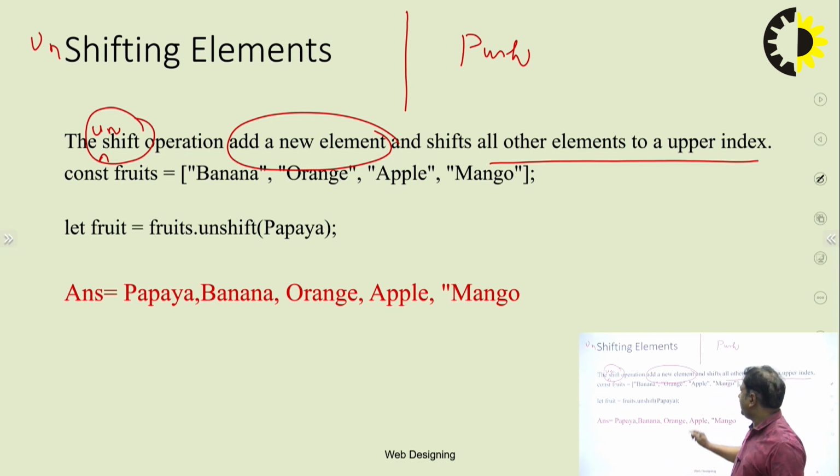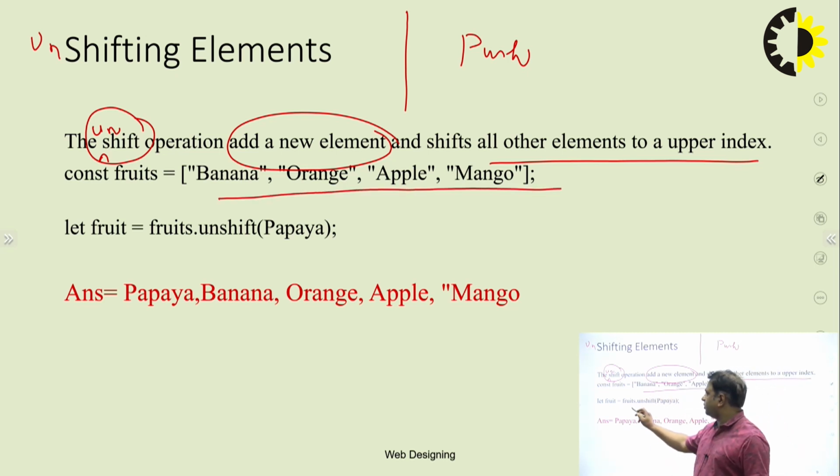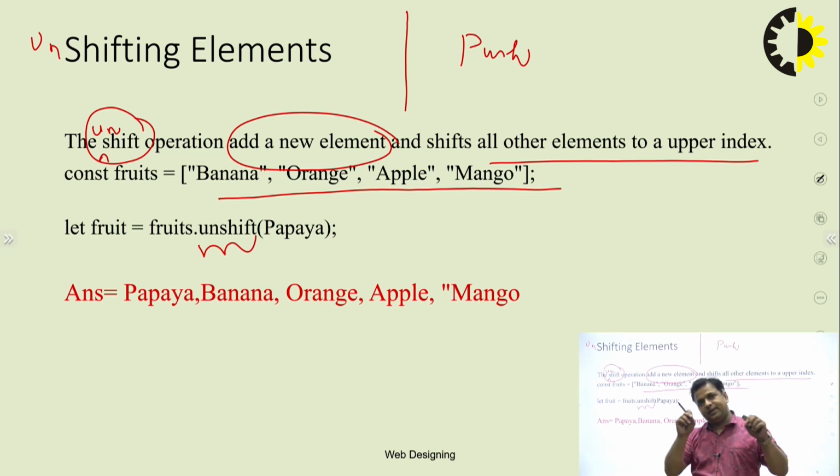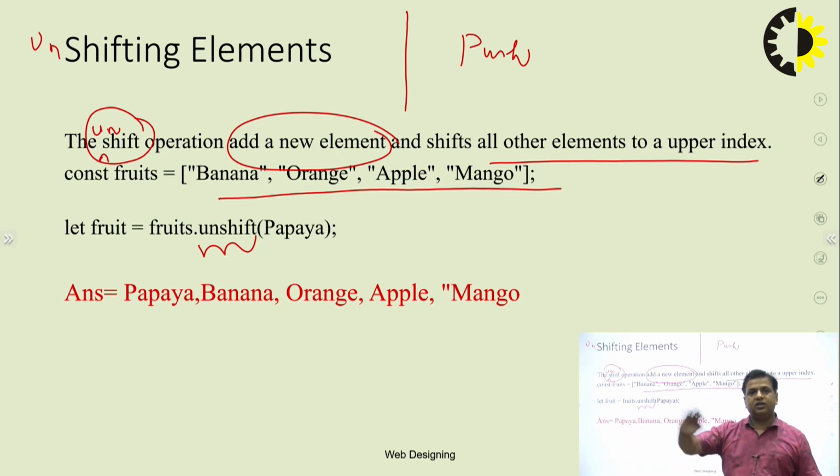For example, again we have an array fruits, banana, orange, apple, mango, and I want to insert a new fruit, papaya. And I have specified that this fruit should be inserted at index 0, the start of the array. So what should I use, push or unshift? I should use the unshift operation, because the push operation works at the top of the stack, or we can say at the end of the array.